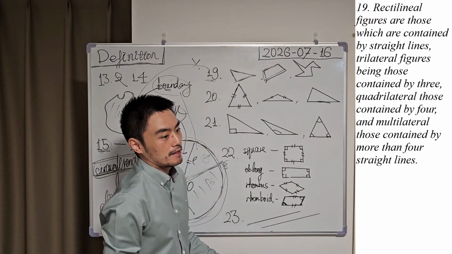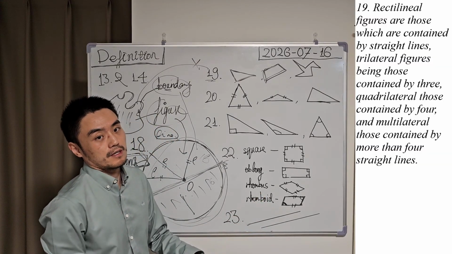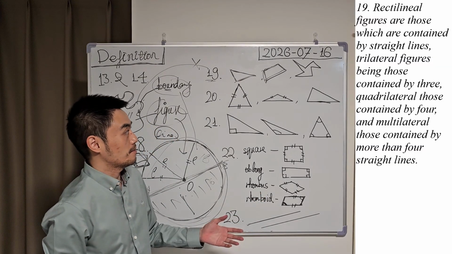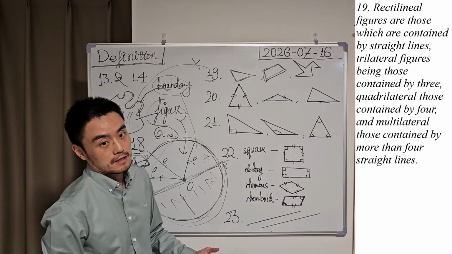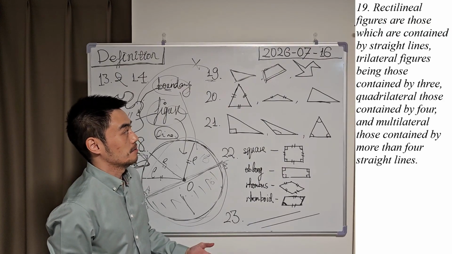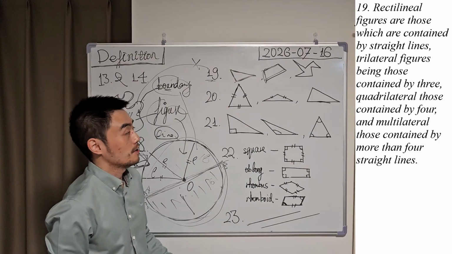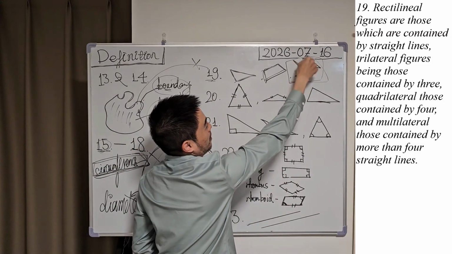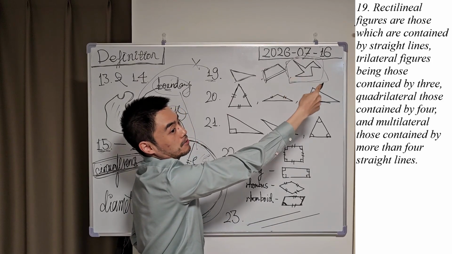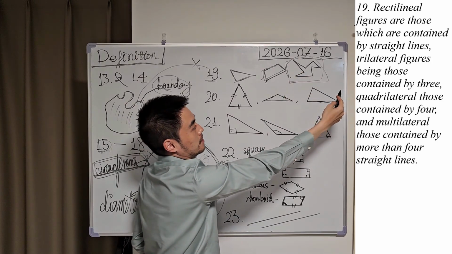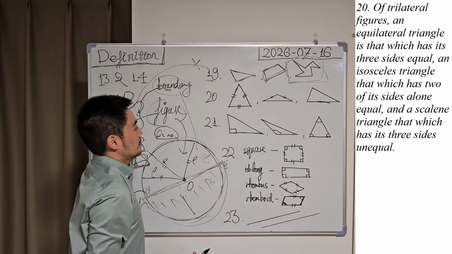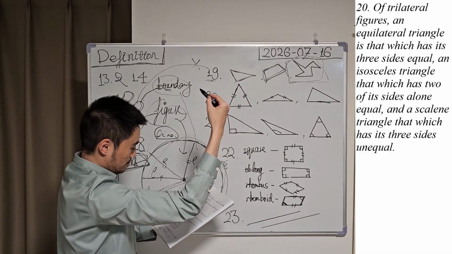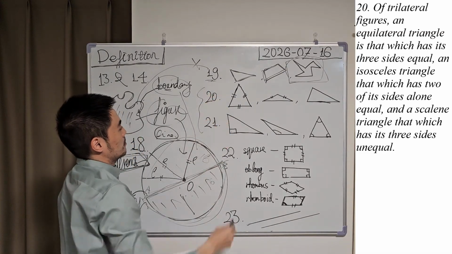But I would like to say that Euclid in this book has never declared that the multilateral must be convex. So I believe this is also a possible multilateral defined by Euclid.